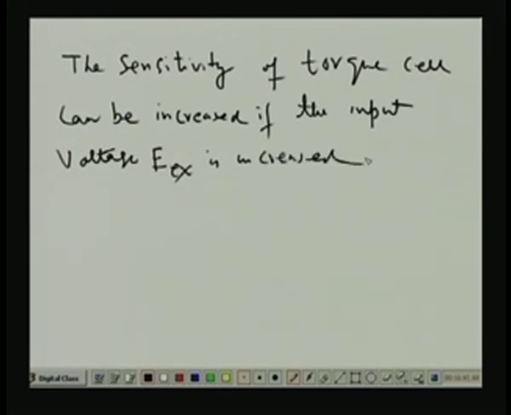We have seen that if we increase the excitation voltage, our sensitivity also is increased, because in the sensitivity expression we have seen that it is in the numerator, is not it?